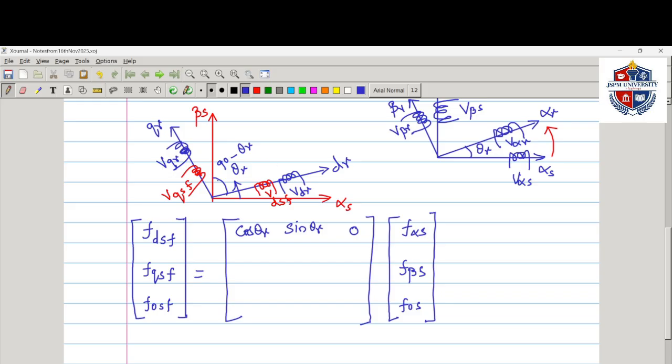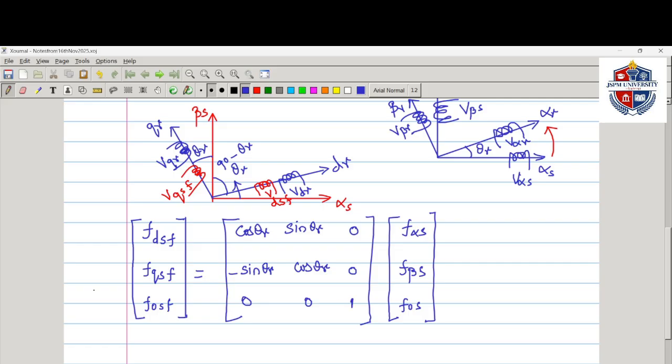Cos of 90 plus theta R, so we can write here minus sin theta R. And for F beta S, FQSF is here and beta is this winding, so this angle will be theta R. So we can write cos theta R, and with respect to the zero axis, 0. Then the zero axis will have the same: if this is 0, this will be 1.